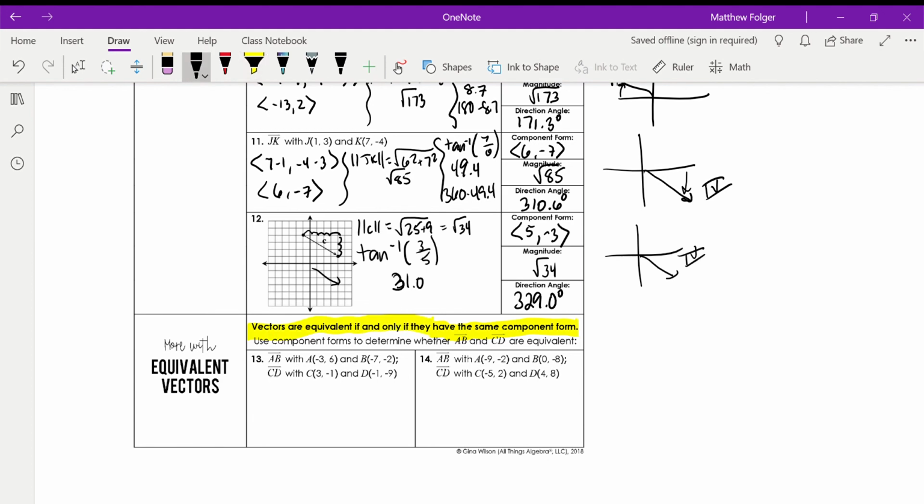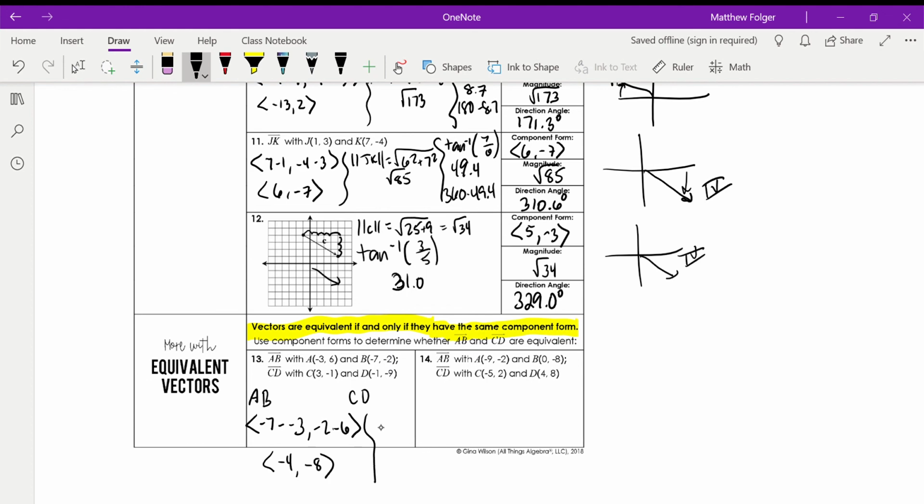So all we have to do is find the component form of both of these. So AB and CD. So AB, component form, is -7 minus -3, not 3, comma, -2 minus 6, which is -4, comma, -8.